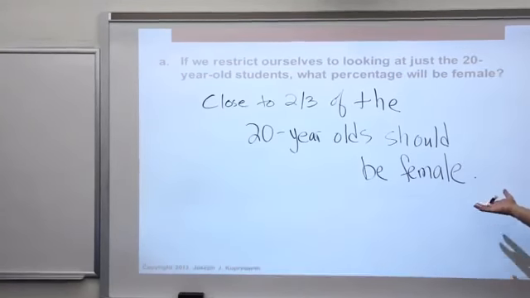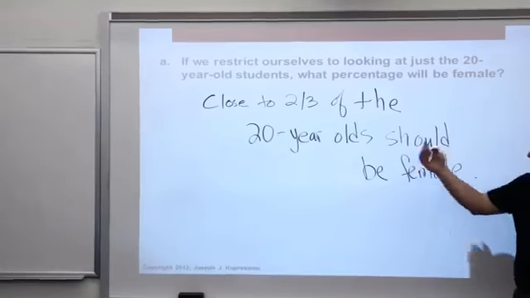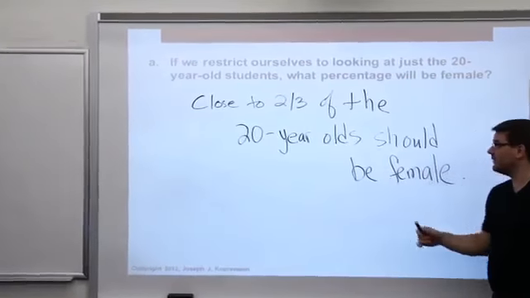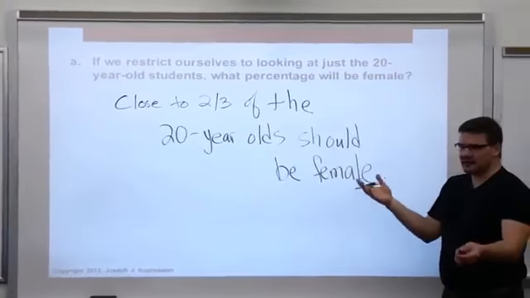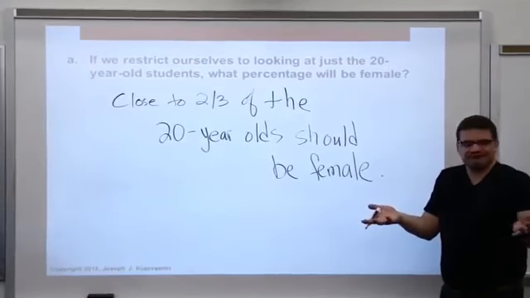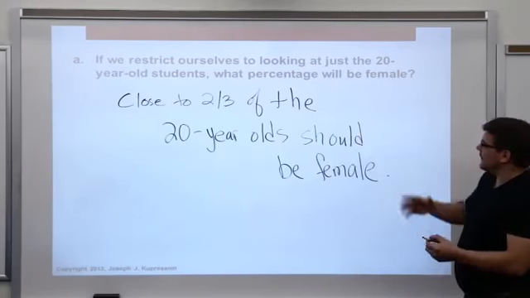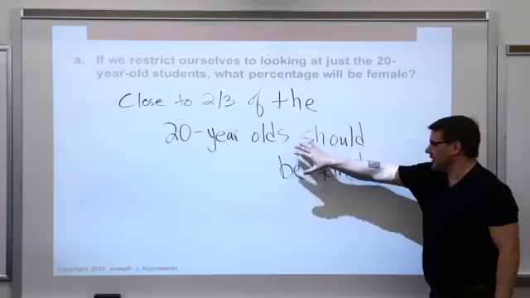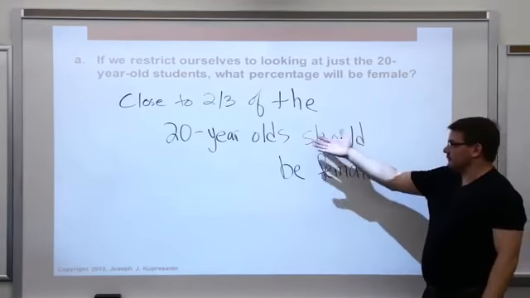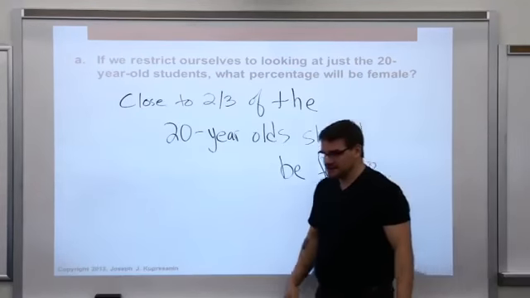If I tell you I know the student, and the student happens to be 20 years old, should that change the breakdown of female-male here at the college? In all likelihood not, unless something really funny happened. So we would expect 2/3 of the 20-year-olds to be female, leaving 1/3 of the 20-year-olds to be male.